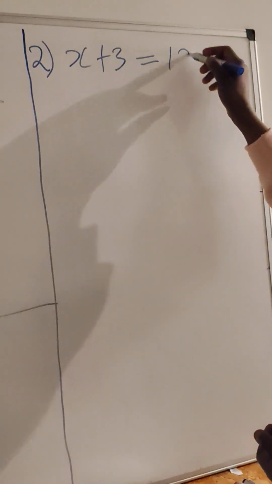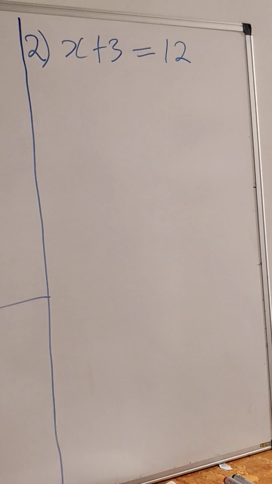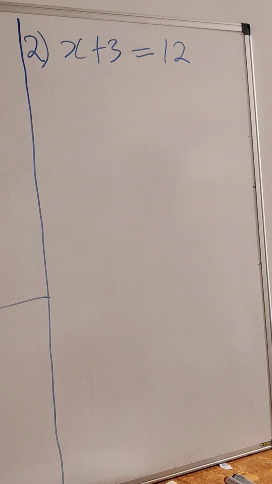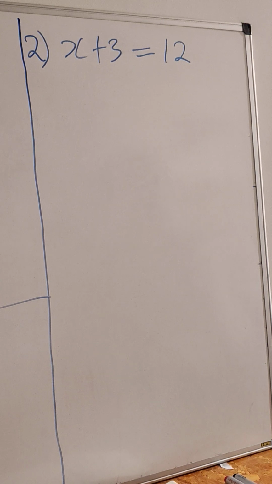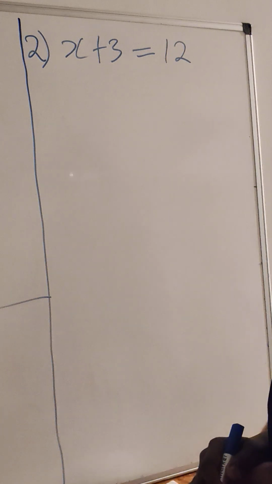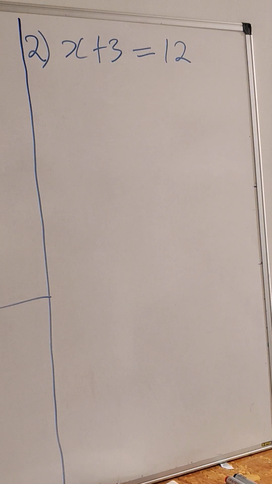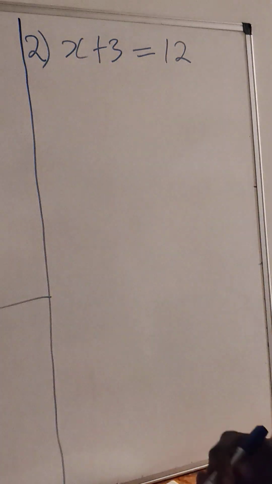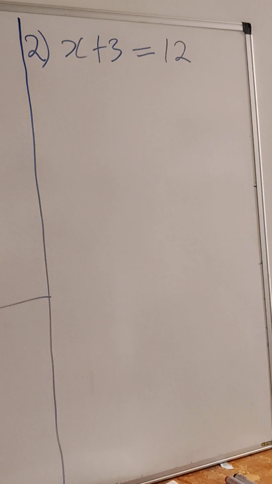As I've said, I won't use the two methods this time around. I'll just pick one of the methods, and the shortest method is the second one, collecting like terms. And I want us to go for it.